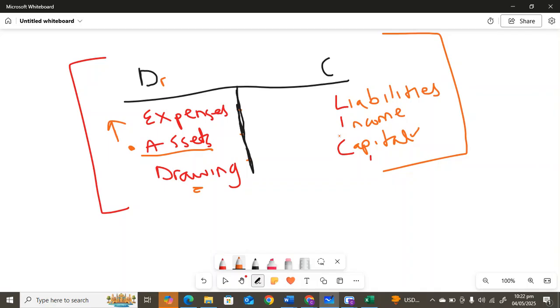So in this transaction, the two accounts are cash and capital. Okay, and if we remember, capital also involves cash and other resources. So as you have put the cash into the business, that cash account has increased. Okay, and initially there was no cash and there was no capital.